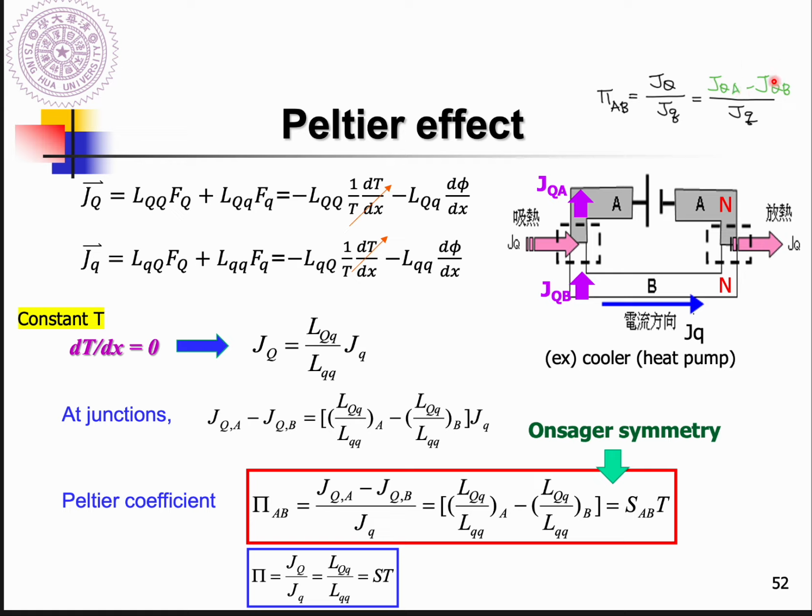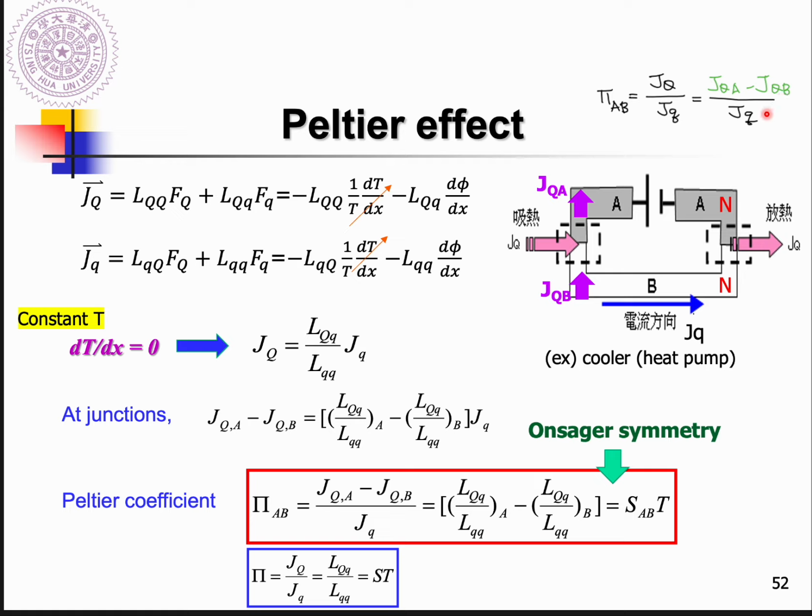This definitely is not the maximum value, right? So how we can increase the efficiency of this device would be if I can allow JQ to equal JQA plus JQB.